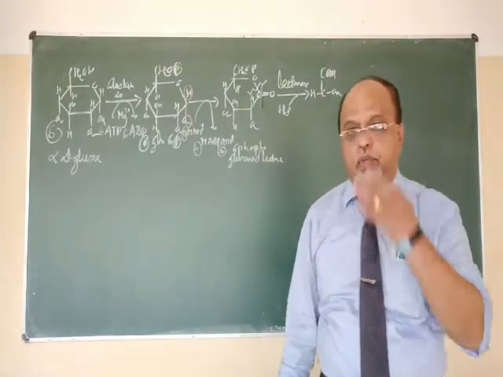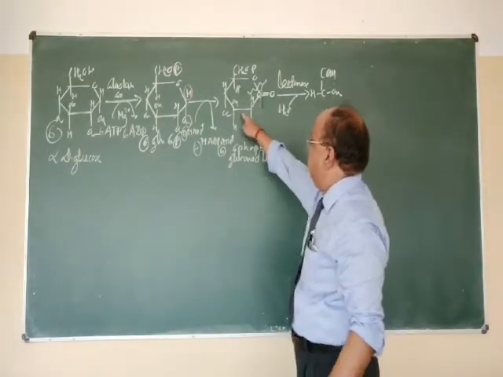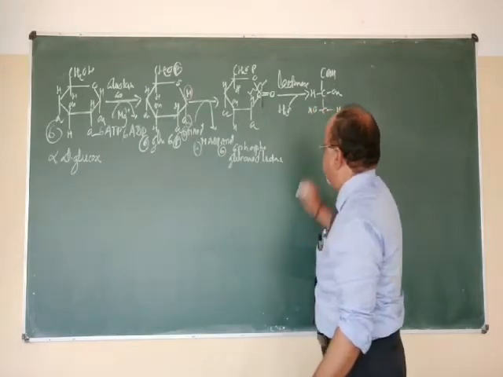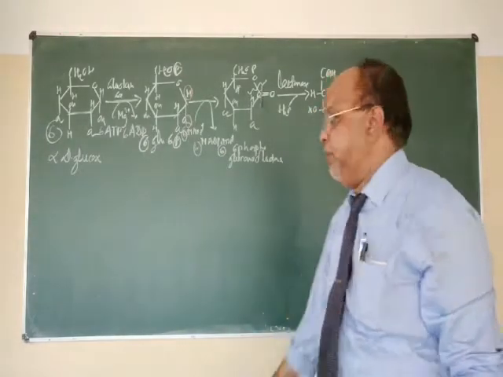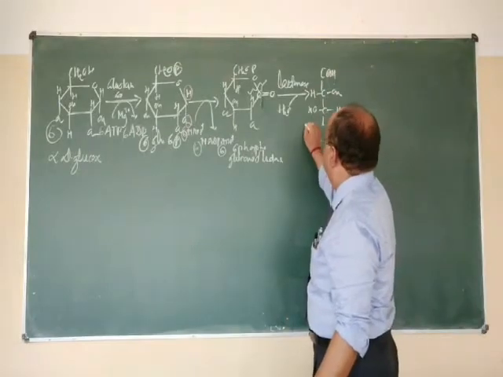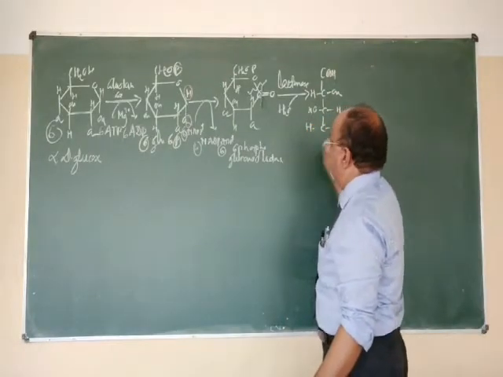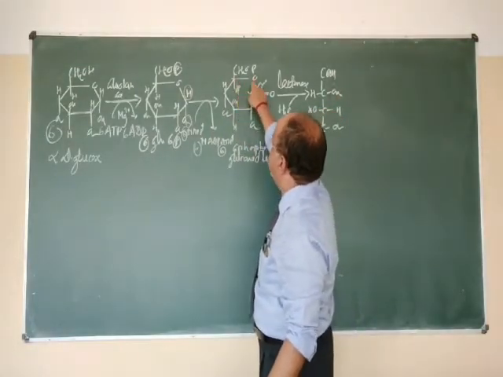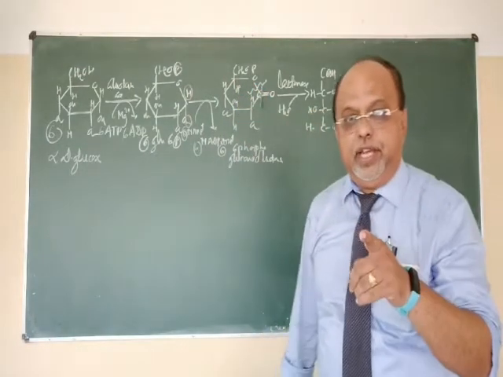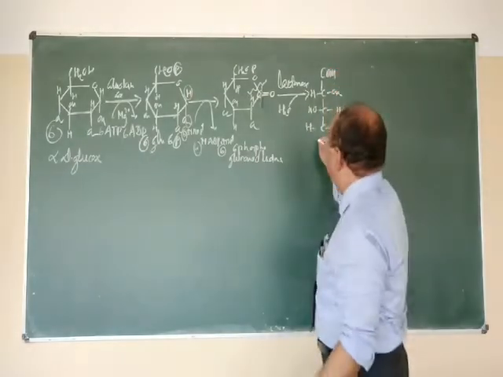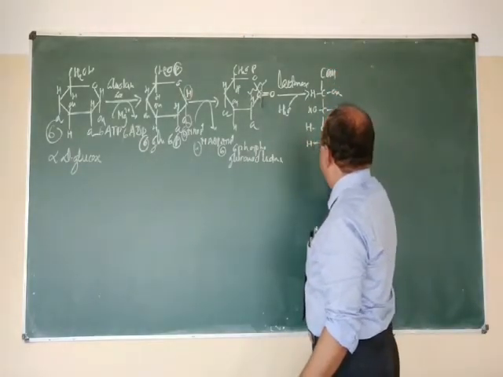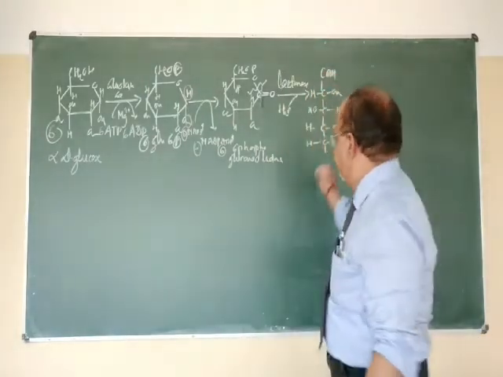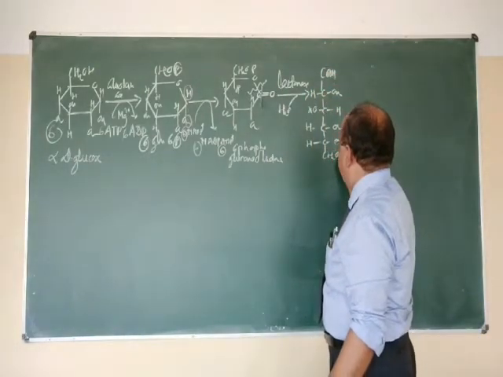HCOH. Now carbon number 3, that is OH, CH. Now carbon number 4, that is HCOH. Then carbon number 5, HCO and 1 H plus from the water, so that becomes HCOH, and carbon number 6 is CH2OH.